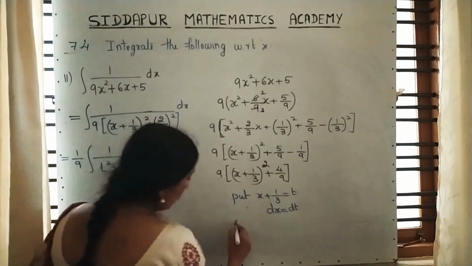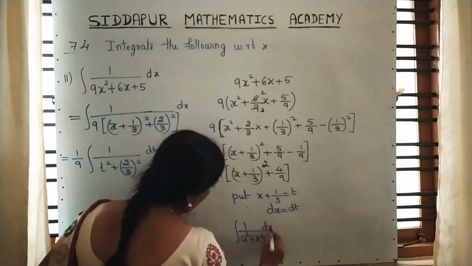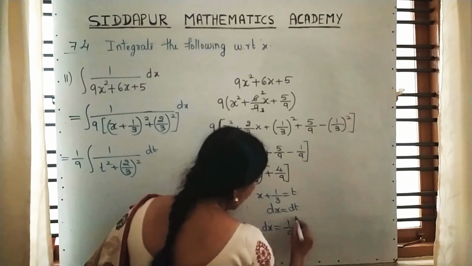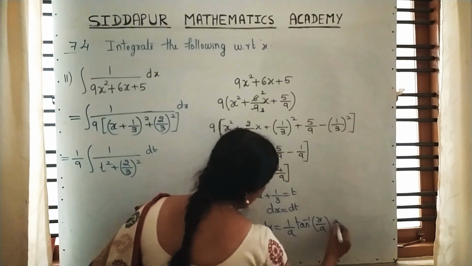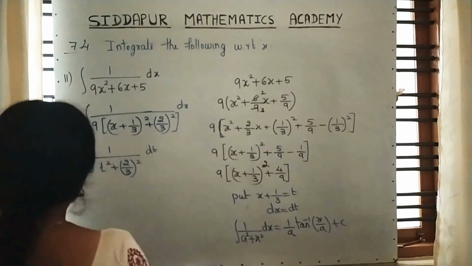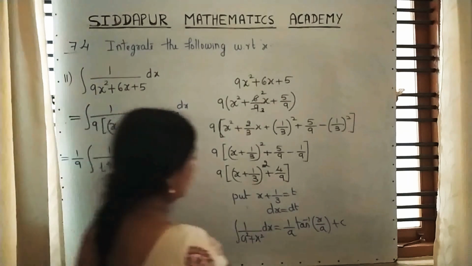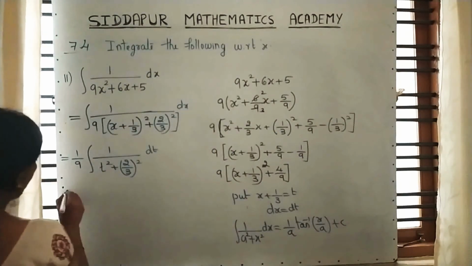It is in the form of 1 upon a square plus x square into dx. I think you remember the formula. It is 1 by a tan inverse x by a plus c. Correct or what? Yes. Now apply that formula. In place of a we have 2 by 3.